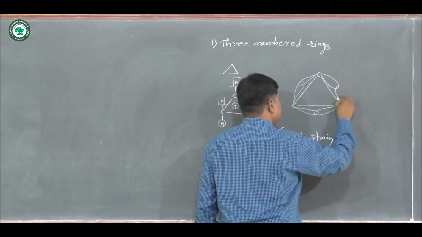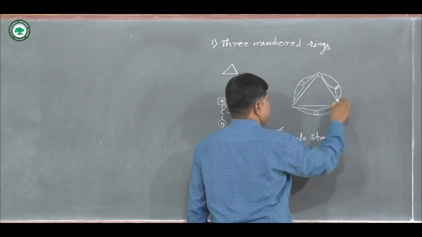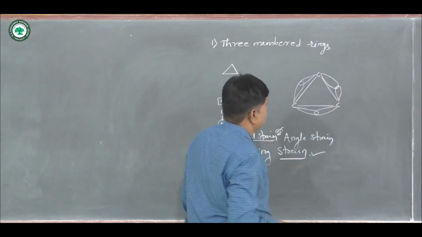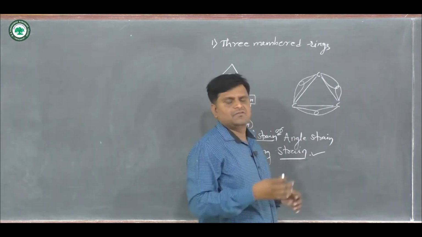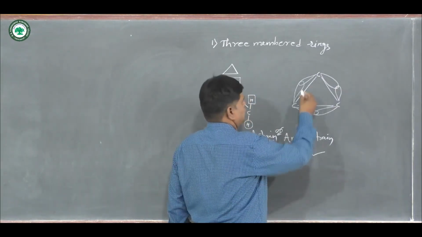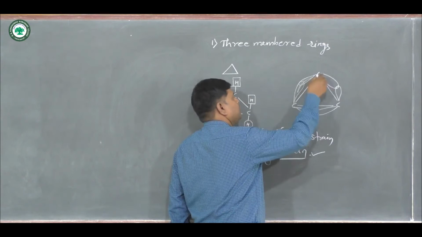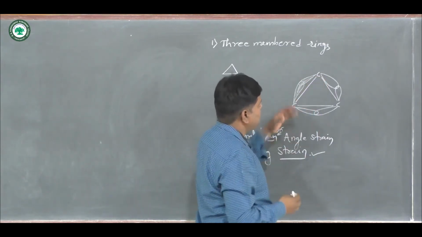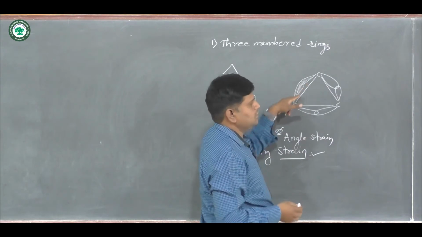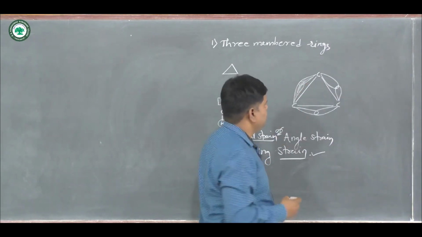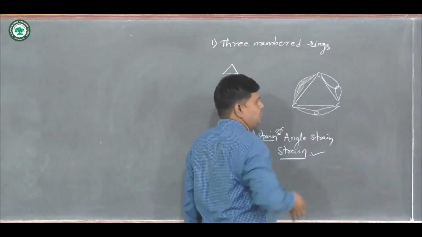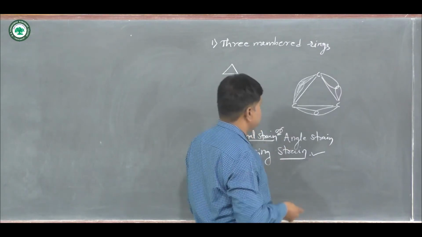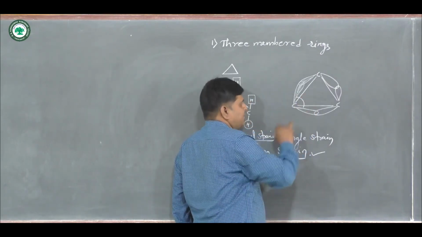This type of orbitals we try to show here, and you see the actual electron density of this carbon-carbon single bond is accommodated outside of the bond. Remember, this is somewhat of a circular shape, and due to the bent shape of the bonds the angle strain is somewhat released.